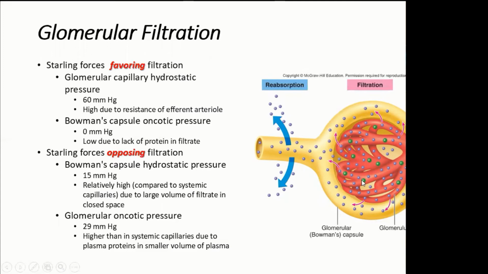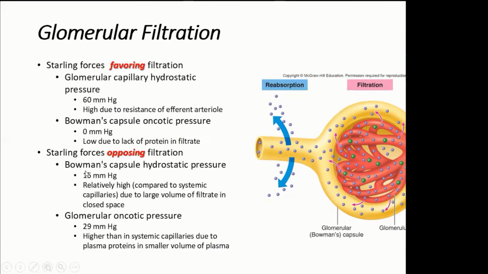Since the proteins are stuck in our glomerulus, they're going to pull water towards them because we want to water them down. But that's not a high enough force. Sorry, I'm doing these out of order. What I'm describing is the glomerular oncotic pressure. It's pretty high, but it's not high enough to fully oppose the glomerular capillary hydrostatic pressure.